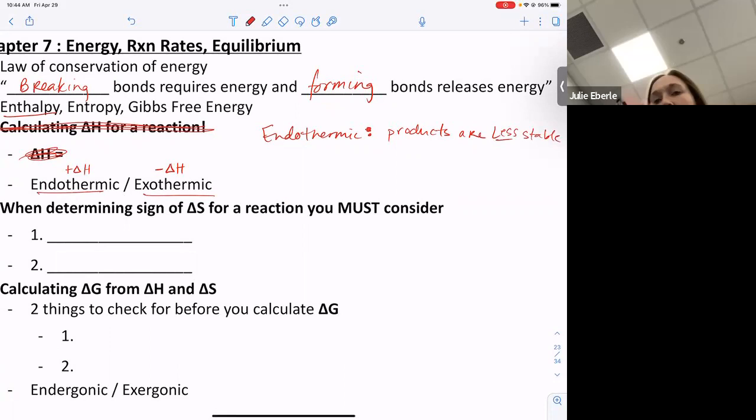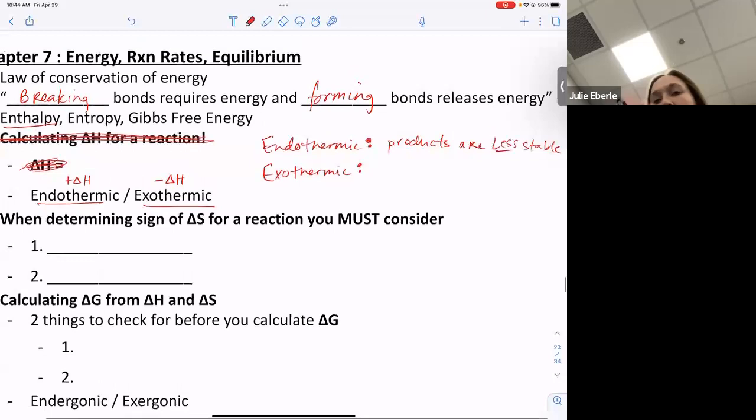You're absorbing energy overall, positive delta H. But in exothermic, you're giving off energy. You're releasing energy. The chemical reaction is losing energy. That leaves you with products that are more stable.